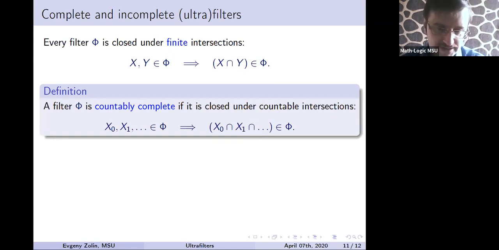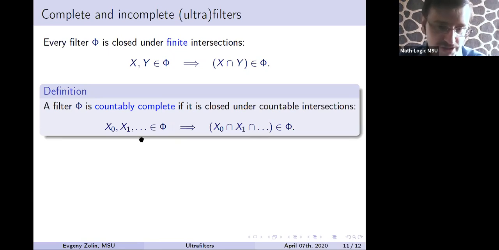And we already had examples where this doesn't hold. However, if this holds for a filter phi, then this filter will be called countably complete. So we can say that every filter is finitely complete. It is closed under finite intersections, but not necessarily under countable intersections.